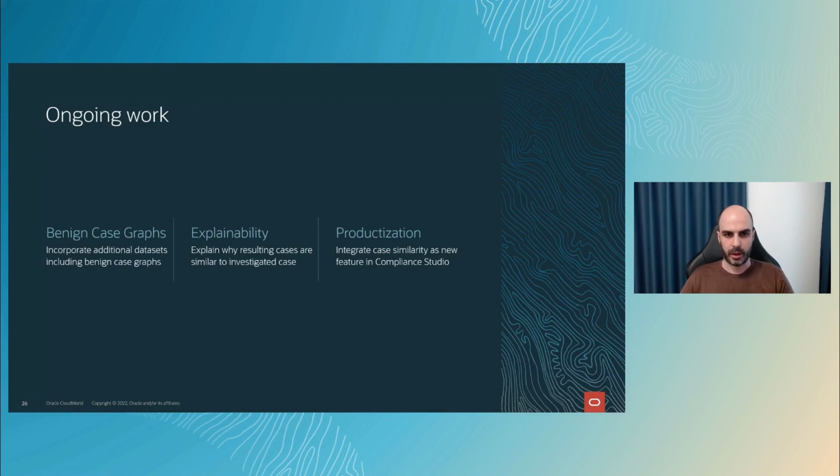And then finally, we want to move this into the product. So we need to work on the productization of these components and hopefully integrate it soon into Investigation Hub and Compliance Studio.